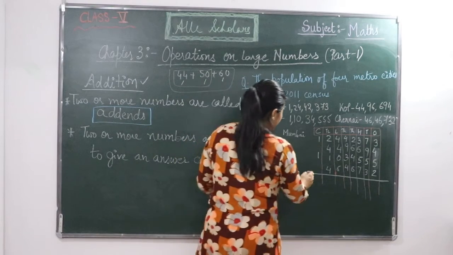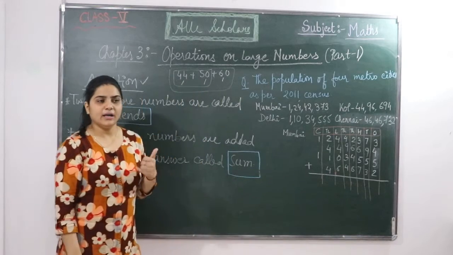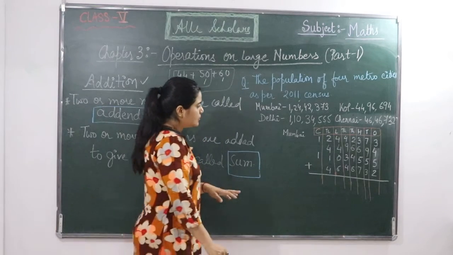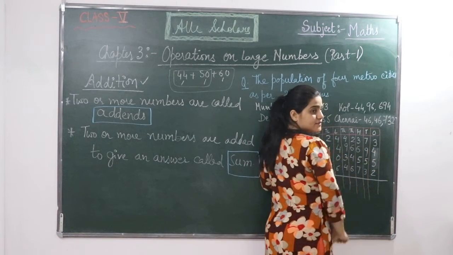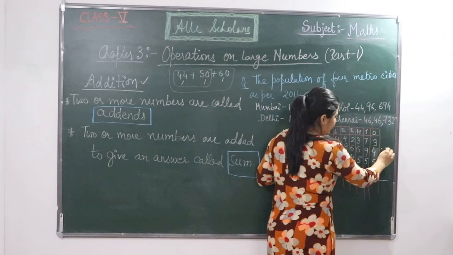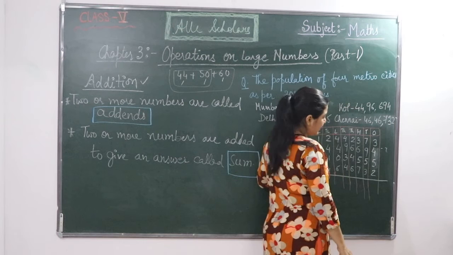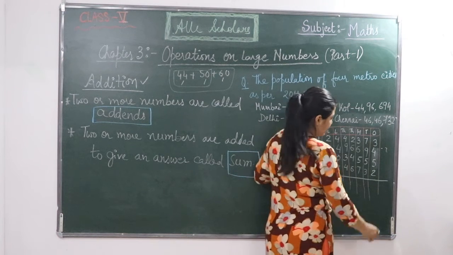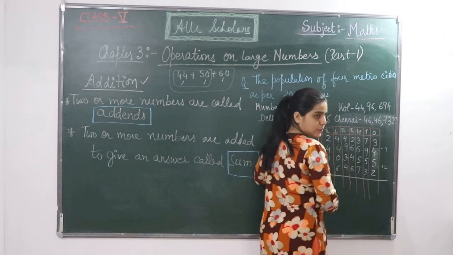Here we are putting a plus sign. Plus sign means addition. So let's start. 3 plus 4 gives us 7. Now when you add 7 plus 5, it gives you 12. Now to 12 we have to add 2.